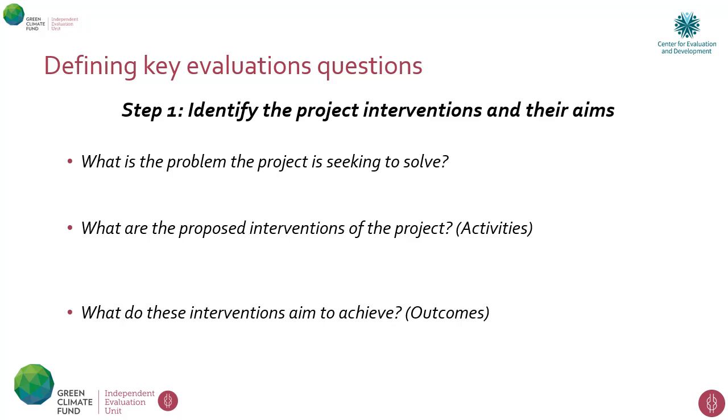And for the cookstove project example, the aims of the impact evaluation firstly assesses what problem the project is seeking to solve. It also assesses what the proposed interventions are of the project, the activities. And thirdly, it assesses what these interventions aim to achieve, the outcomes.